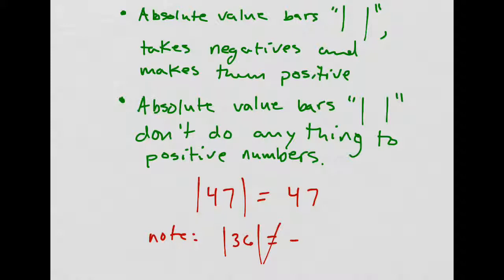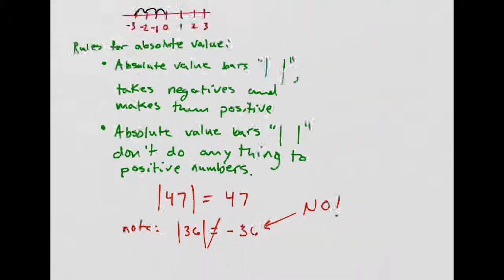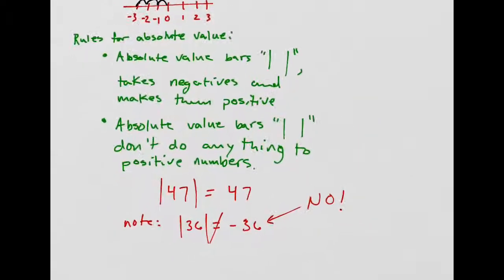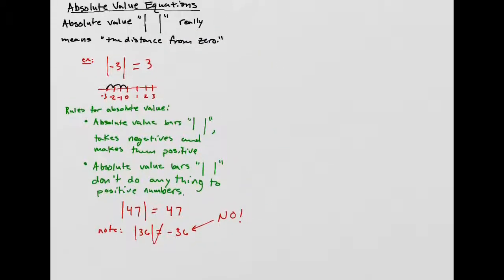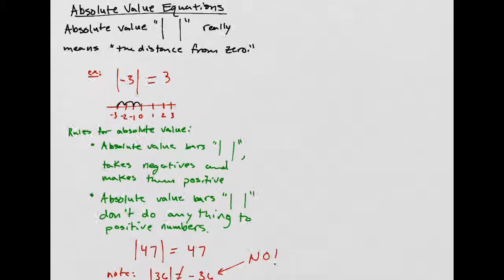So that does not equal negative 36. So that's a no. Absolute value bars take negative numbers and make them positive. They do nothing to positive numbers already.